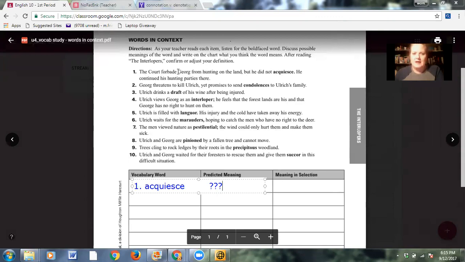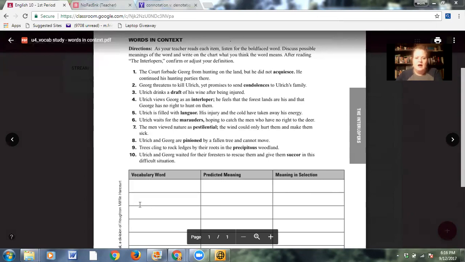The court forbade Georg from hunting on the land, but he did not acquiesce. So I think that he did not follow directions, is what I think that means. Because when I keep reading, it says he continued his hunting parties there. All right? So I don't know for certain, but that seems like it might be a good guess based upon the context.